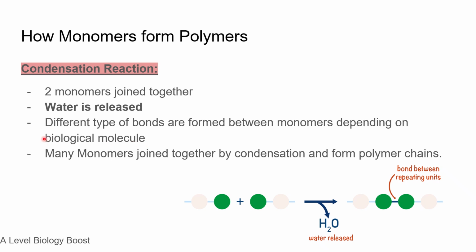Right now, we're not going to talk about the bonds, but in future we're going to learn about what type of bonds, because different monomers will form different bonds depending on what biological molecule we're forming. Many monomers join to form a polymer chain. If you look at this diagram, we've got a monomer and a monomer. Now we're removing the water, and then we form the big chain of polymer.